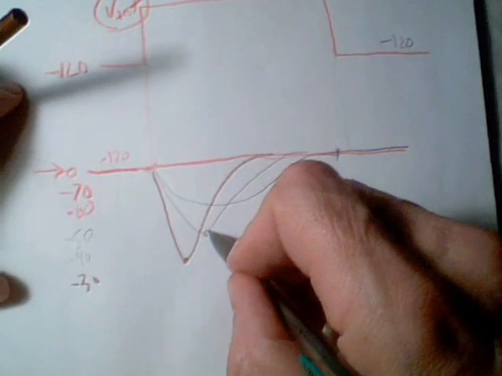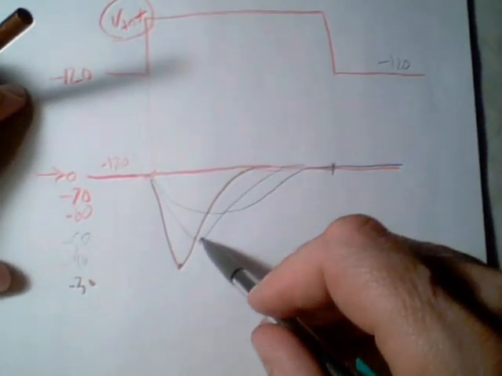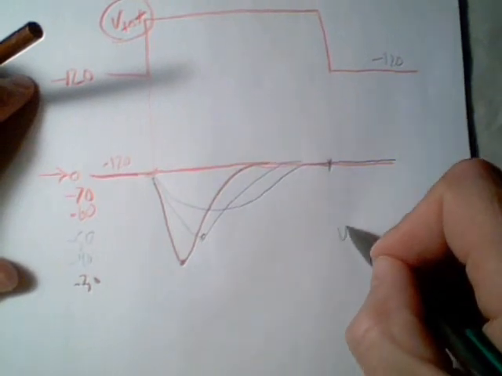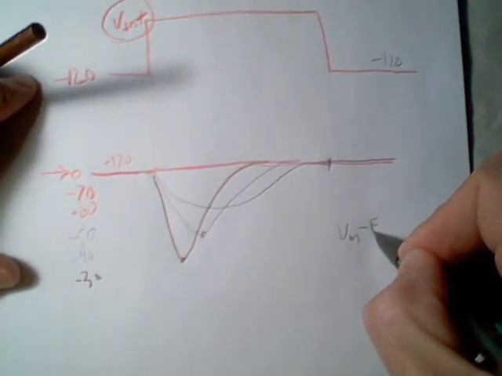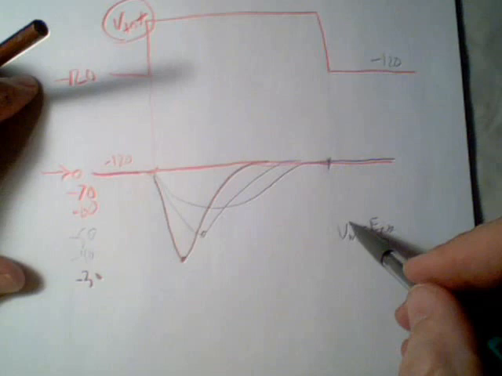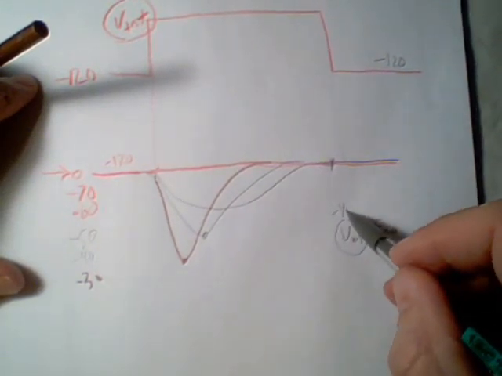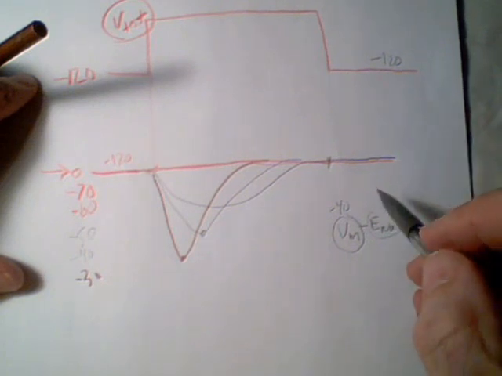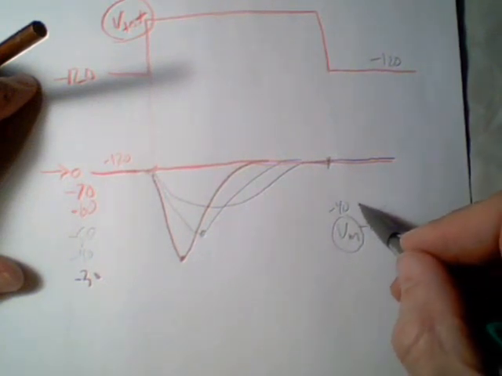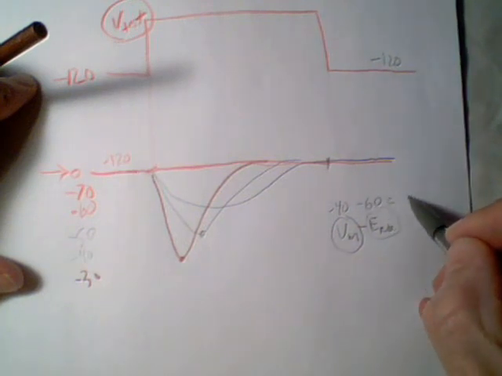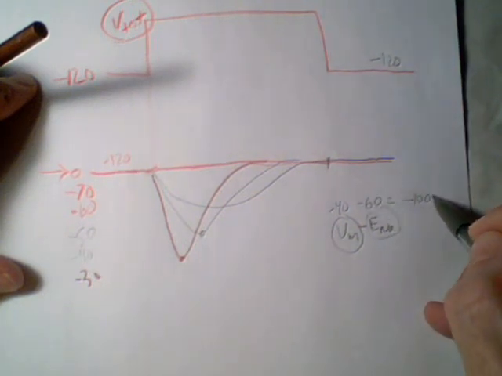Now remember that our driving force for current going through this channel is going to be Vm minus the reversal potential for sodium. In this case, Vm is going to be -40, let's say. It turns out this number is about 60. So the driving force is going to be -40 minus 60, which is -100 millivolts.